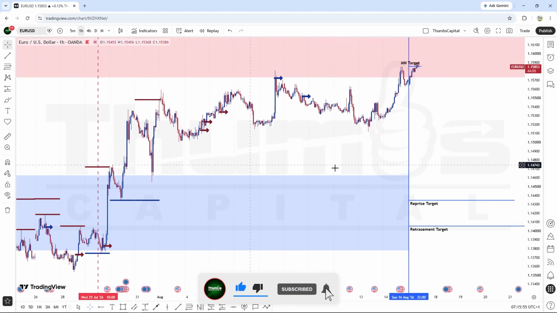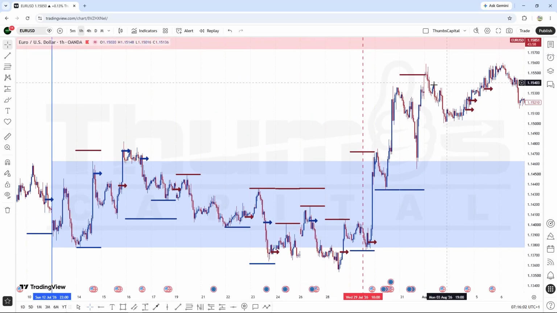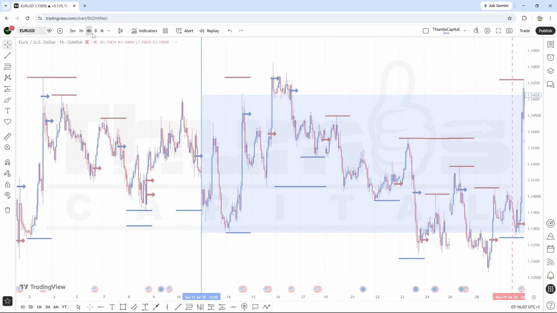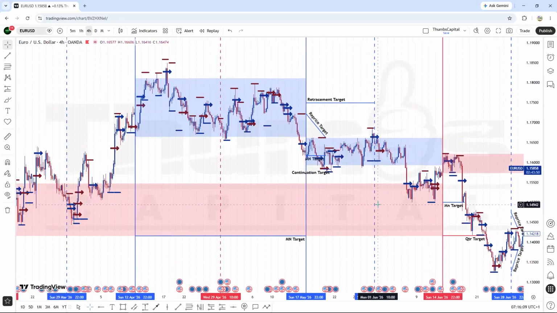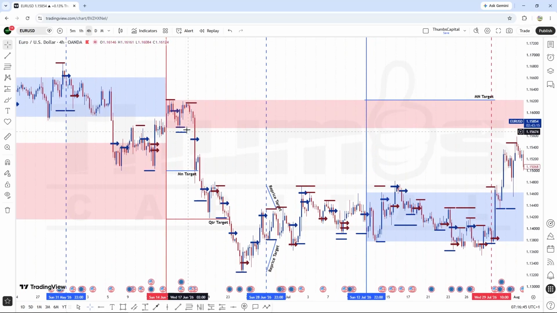Let's go back and see an example of this retracement target, because it is also part of why this bullish move happened. I'll switch to the 4-hour time frame so we can see it clearly. If we look at this big swing to the downside, you can see that we have two heavy pending buy orders, and price came to activate the two heavy pending orders but continued heading down without coming back to retest that region.